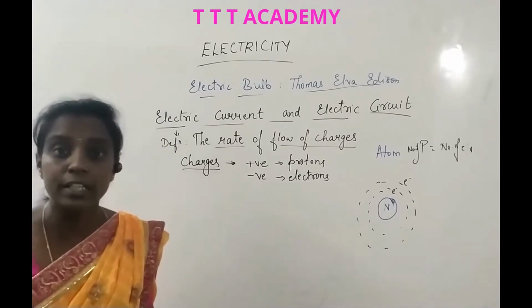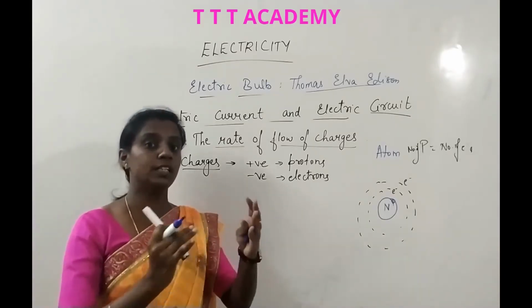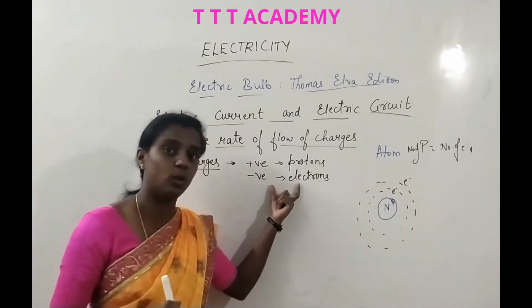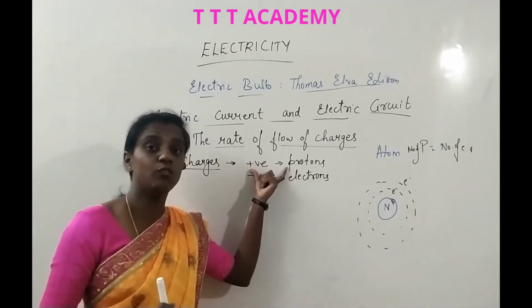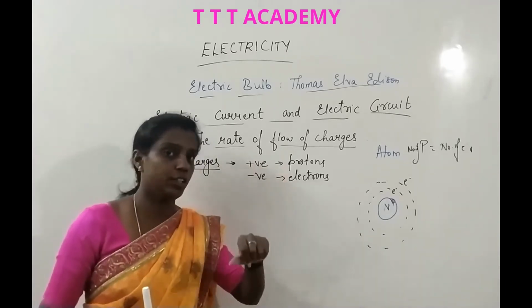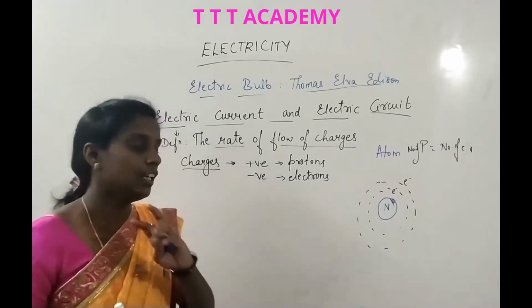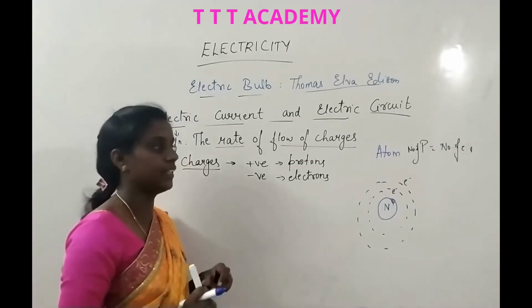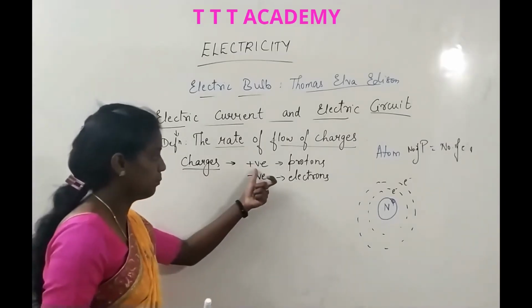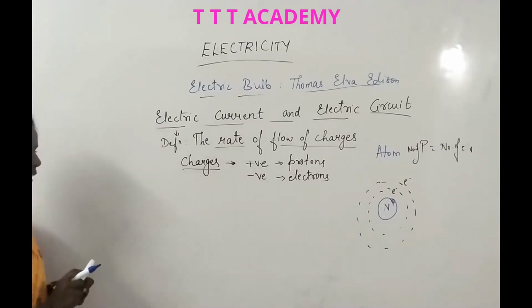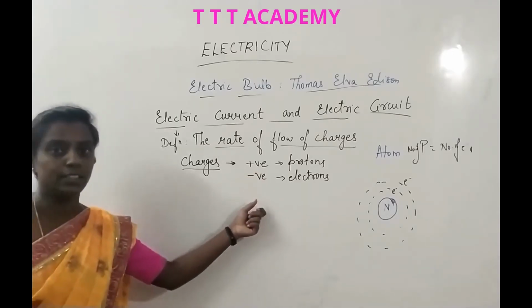Whichever body consists of more negative charges we call a negatively charged body, and which body consists of more positive particles we call a positive body or positively charged particle. Okay. Now, there are two types of charges, one positive, one negative, that is protons and electrons.